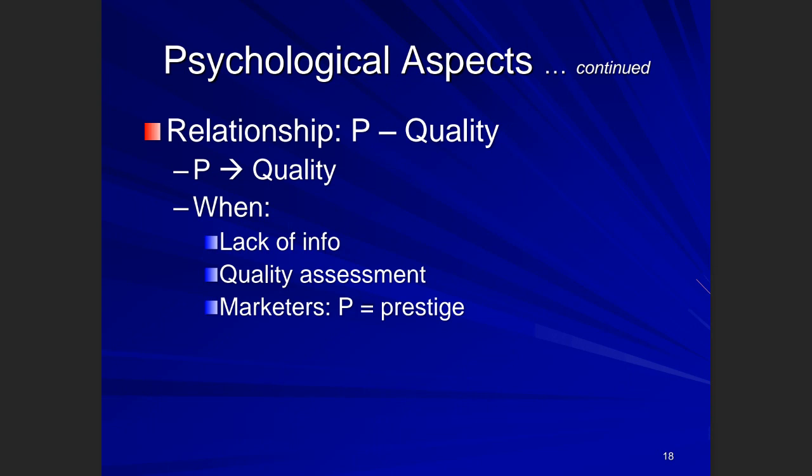So price is there, it's available to them, it's easy to look at, and so when the purchase context is complex, they'll place a lot of weight in price in order to make assertions about quality. So that's an interesting notion also.